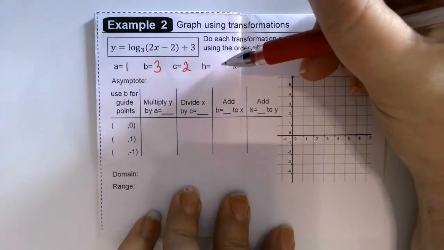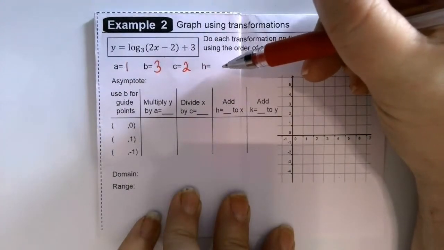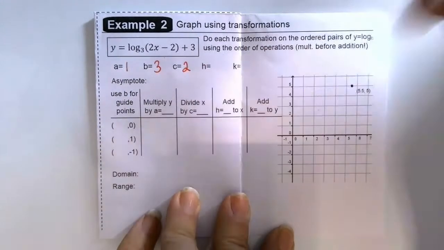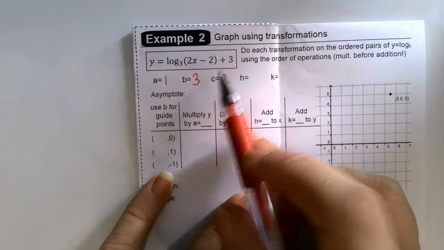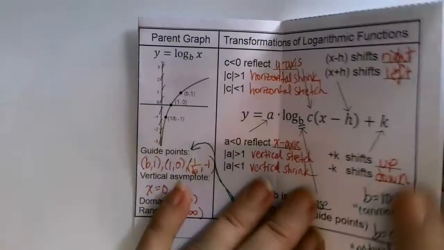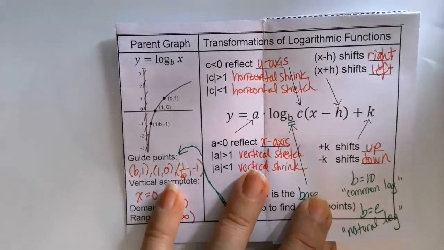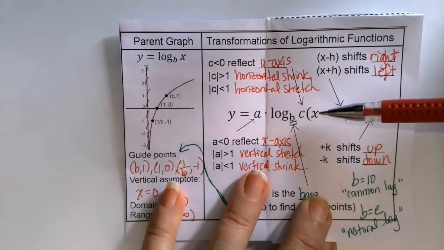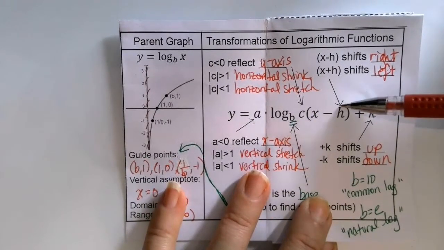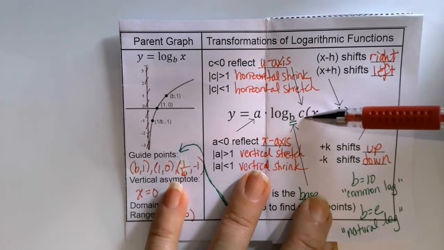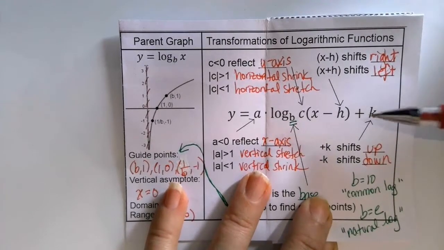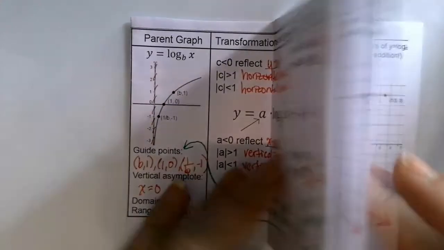And then we need to be careful here about the h, because in order to find the h, we have to first get this in transformation form. When you look at the notes we did for transformation form, notice the c, the coefficient on the x, has been factored out of this quantity x minus h to the front. So before I can identify that h, I have to divide out the c.